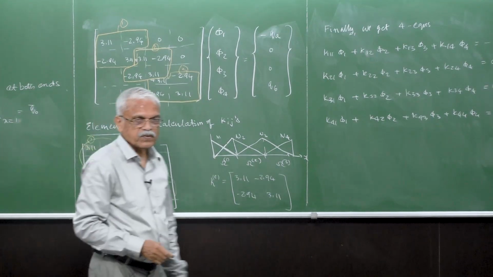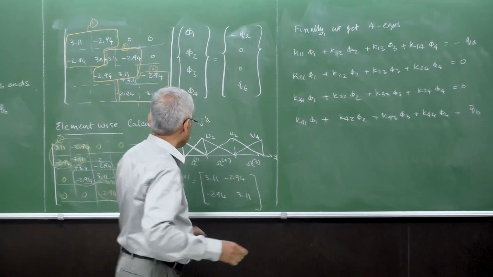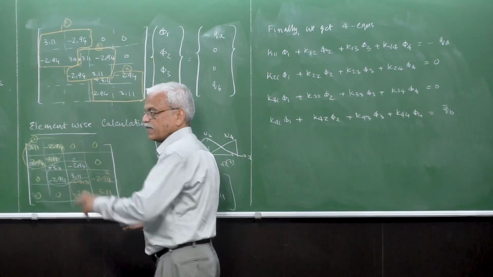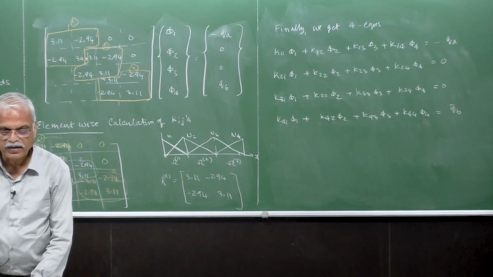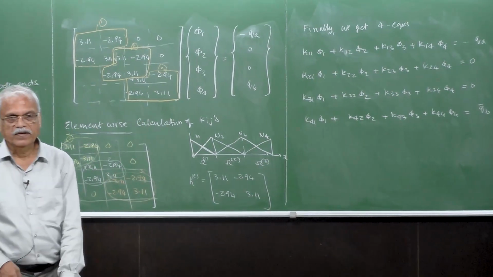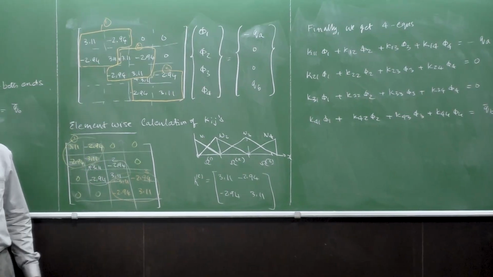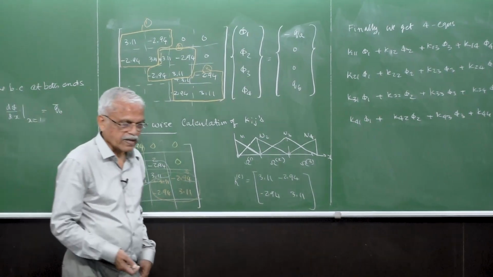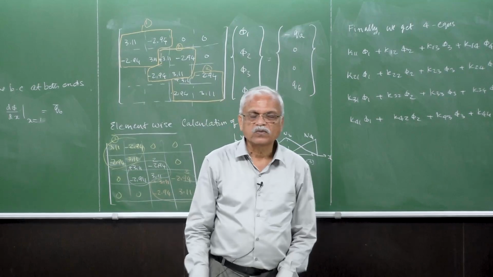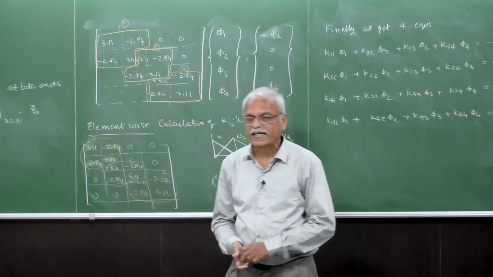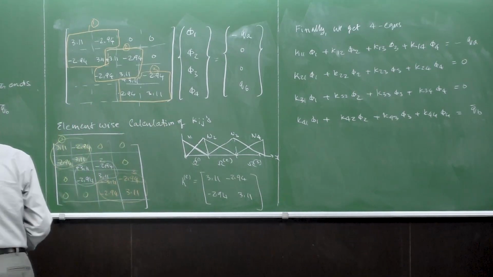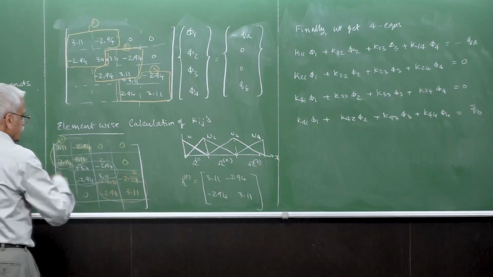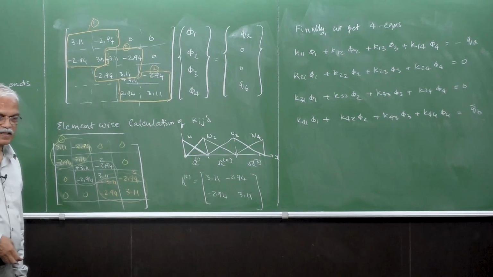They will not be contributed by any element. For example, 1, 3 here is not contributed by any element, right? Either 1 is 0 or 3 is 0. No element has both 1 and 3 non-zero values. So that's how this element matrix is evaluated.